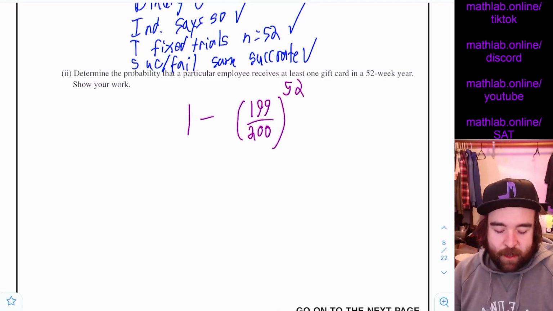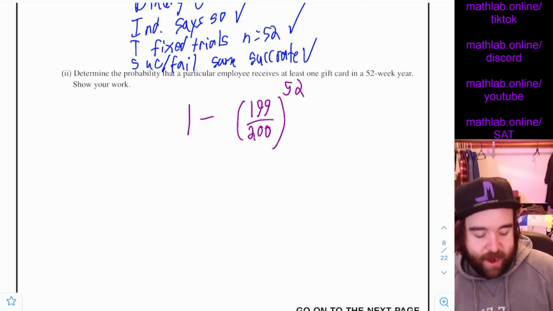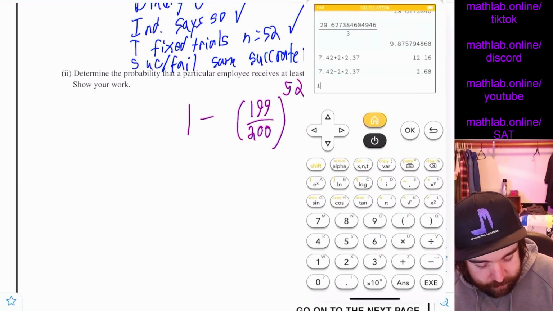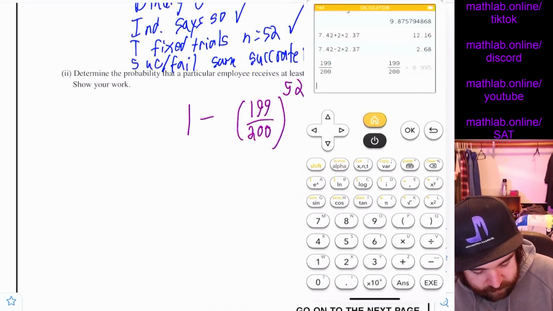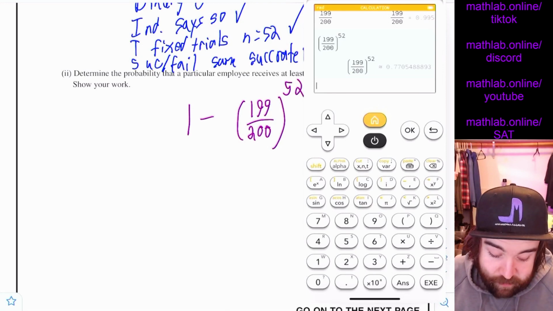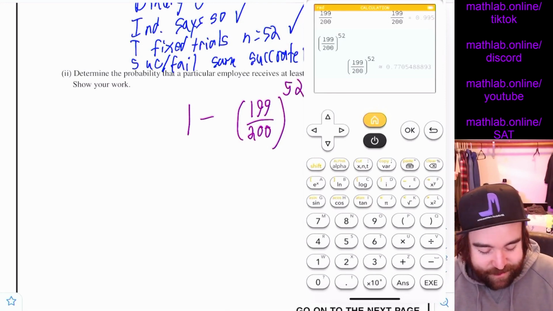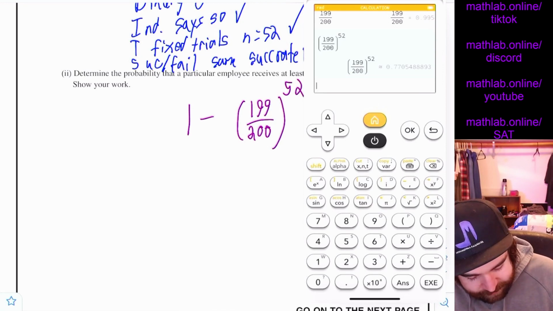So 199 over 200 to the 52. That's the probability of never winning, which is probably going to be pretty low, actually. The probability of losing once is pretty good, but the probability of losing 52 times in a row is, well, still pretty high, actually, unfortunately. So about 0.77. So then we're doing 1 minus that answer.